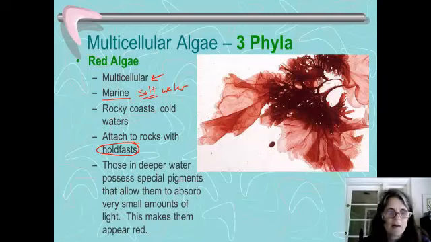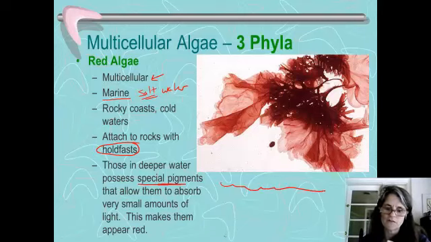Okay? The red algae in deep water have special pigments in them, because if you are, here's my water surface, and if you are way down on the bottom, the light that strikes the surface is going to get absorbed by the layers of water until there's almost no light at the bottom of the water.